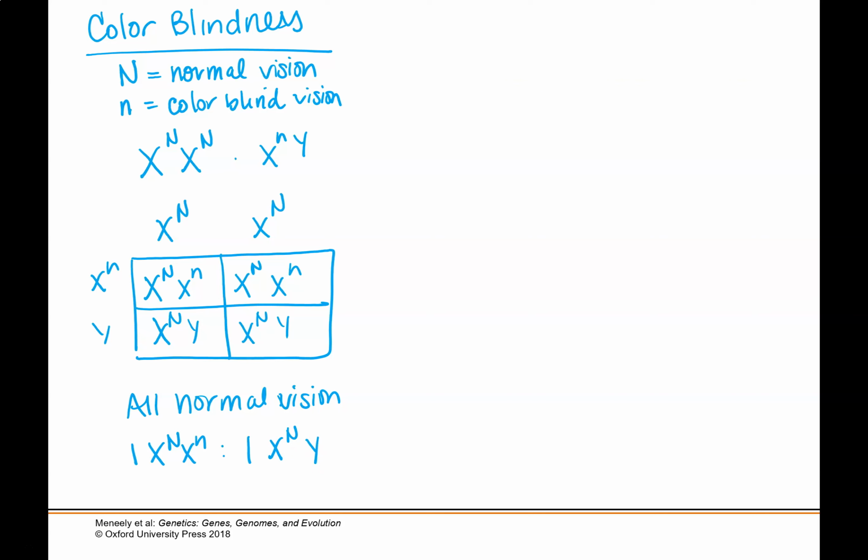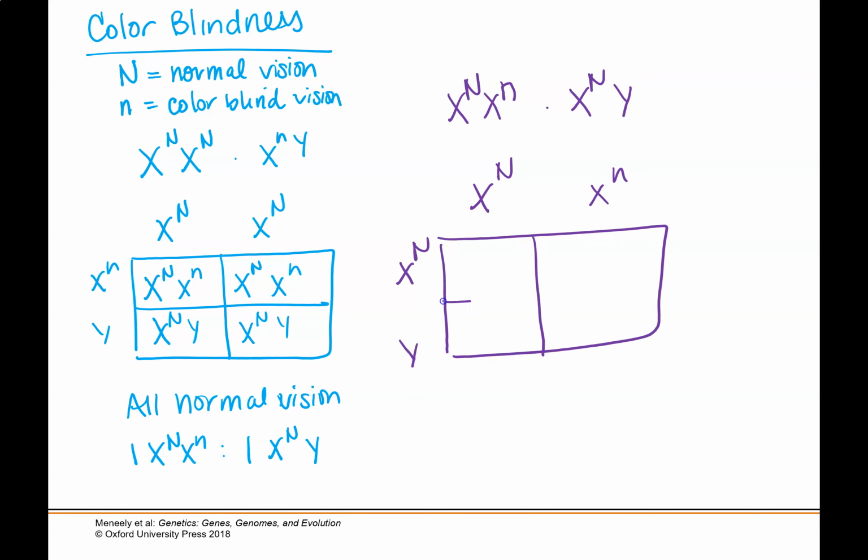Now let's say that their daughter, who is heterozygous, marries a man and has children with normal vision. Let's see what happens. Now, keep in mind that she is a carrier because her father was colorblind. So if we look at daughters, they're all going to be normal again.